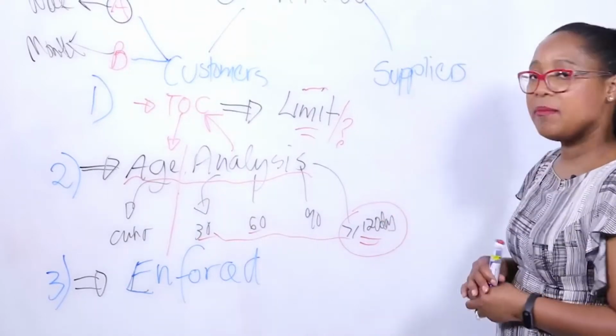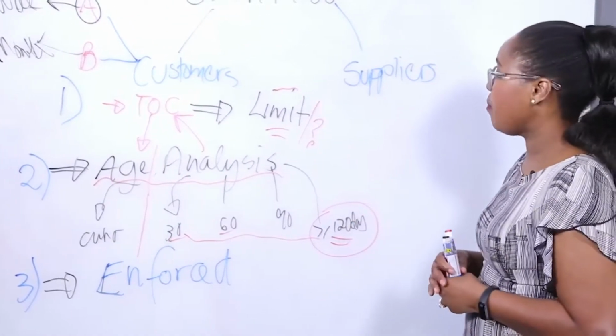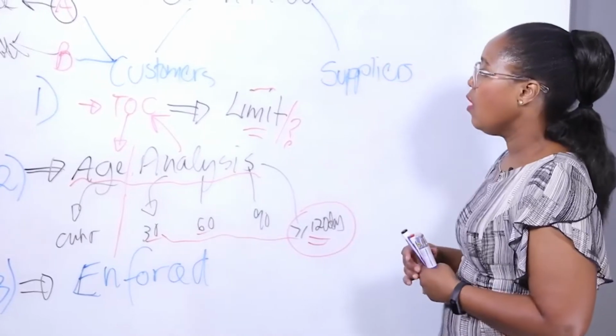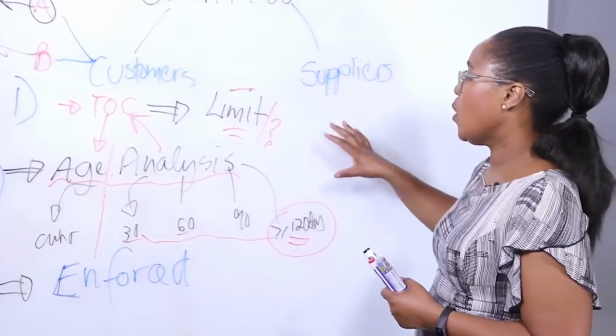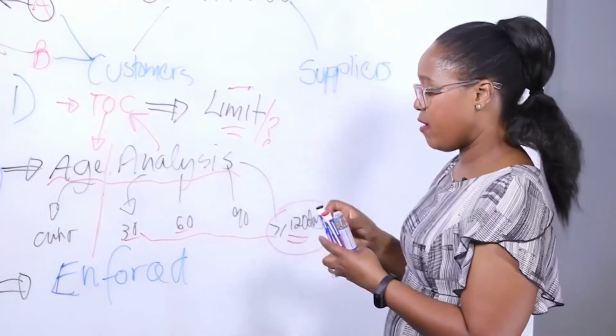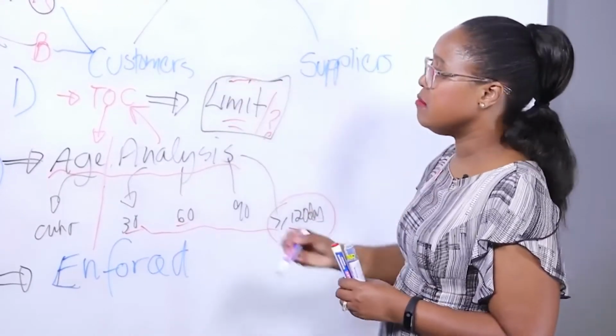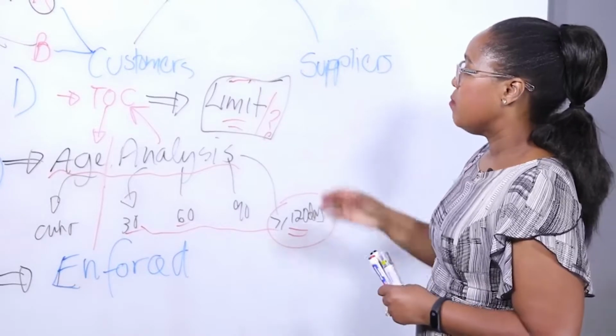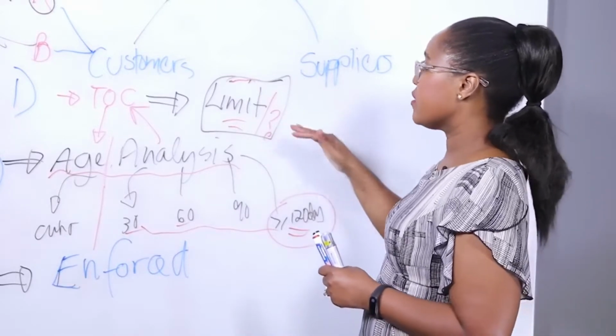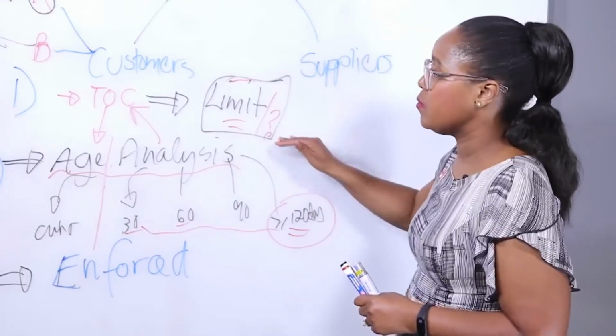Now, I'm going to come back to the suppliers. With suppliers, you will also do the same. However, in suppliers, you will not care much about the limit because the credit risk there is with the supplier, not with you.